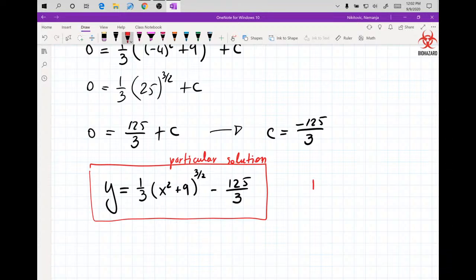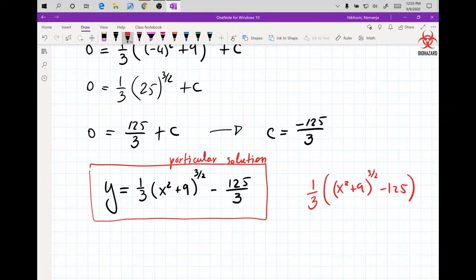So I would also try 1/3 of x squared plus 9 to the 3/2 minus 125. I would also try this answer. And then if it doesn't take that answer either, well, I might mess something up.